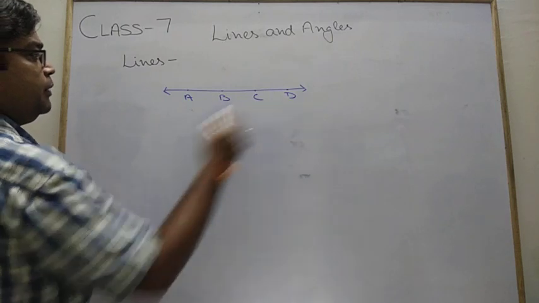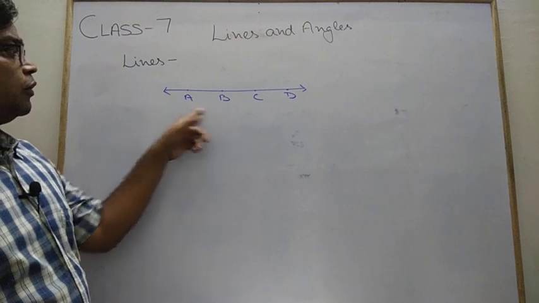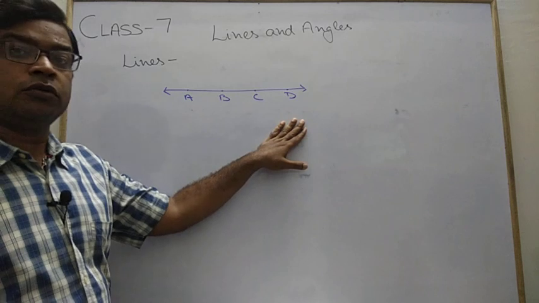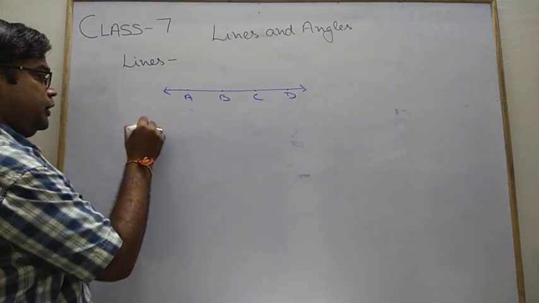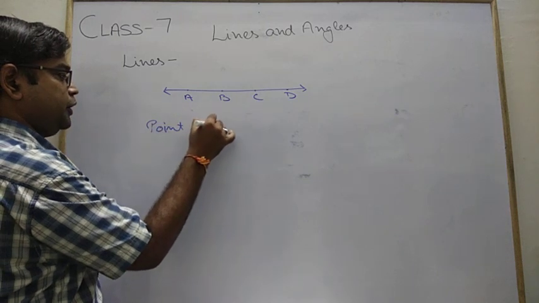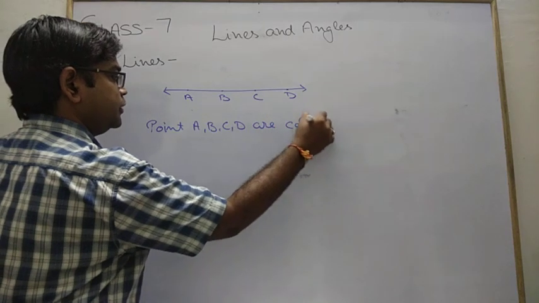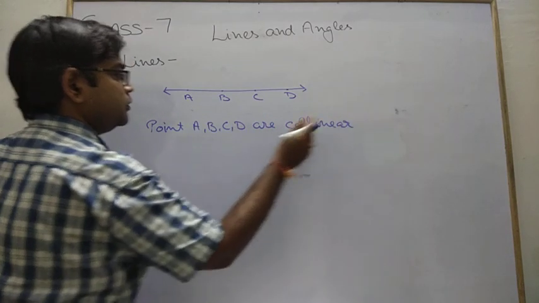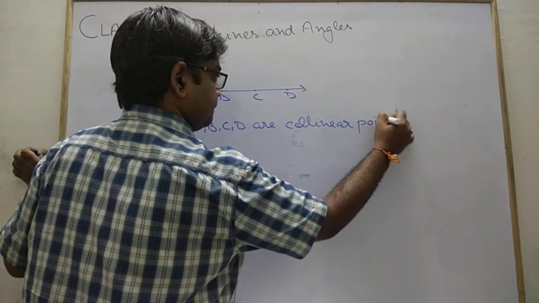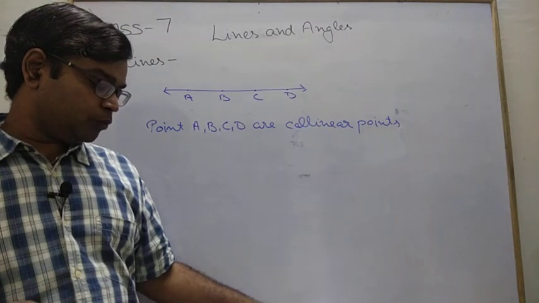A line is common for all the points, or all the points are situated on a line. Such points are known as collinear points. Points A, B, C, D are collinear. Collinear means, co means together, linear means on a line.